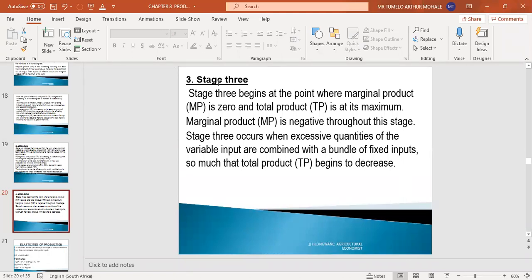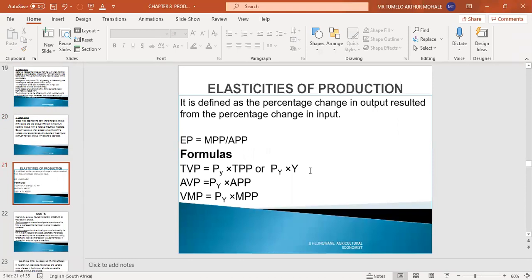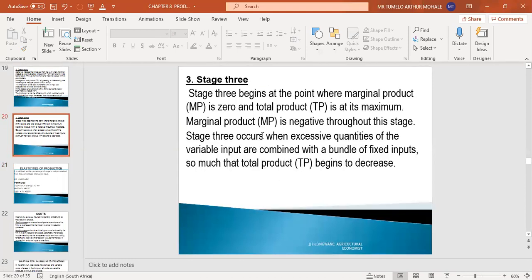Stage 3. In stage 3, what you should know is that it begins at a point where MPP is 0. But the most important thing you should know about this stage is that MPP is negative throughout this stage 3. The most important ones are stages 1 and 2. And stage 2 is the most rational stage of production.